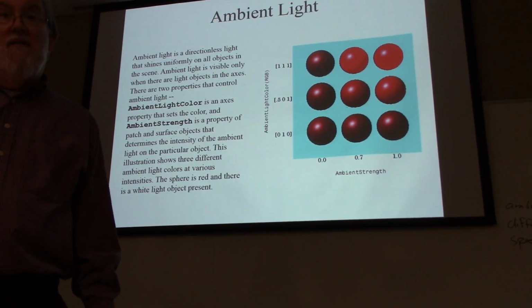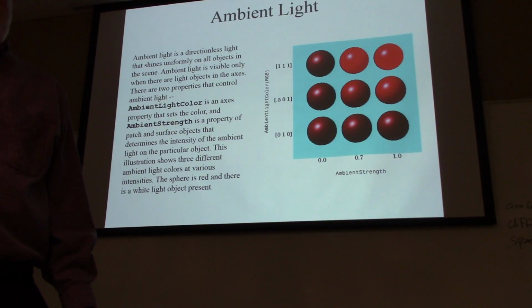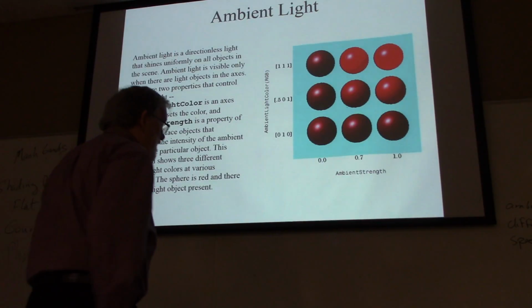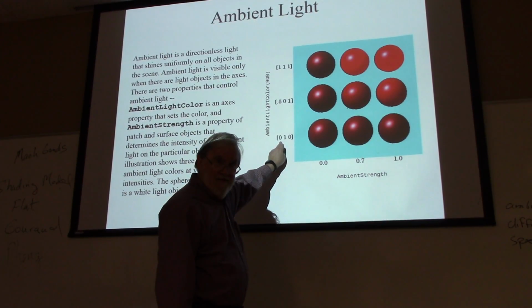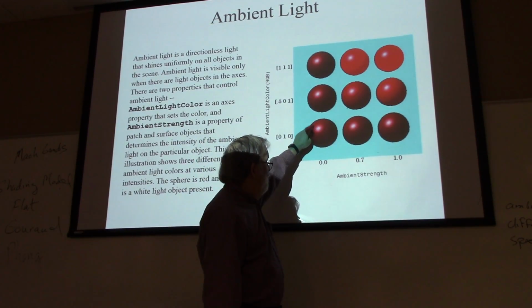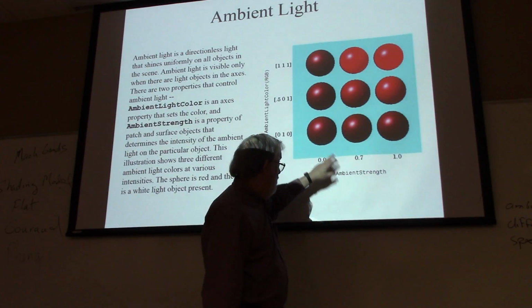The sphere itself is red, so it's going to reflect red, okay? Is there any red here? No red. So stay away from where the diffuse light is coming in and concentrate far away from it.